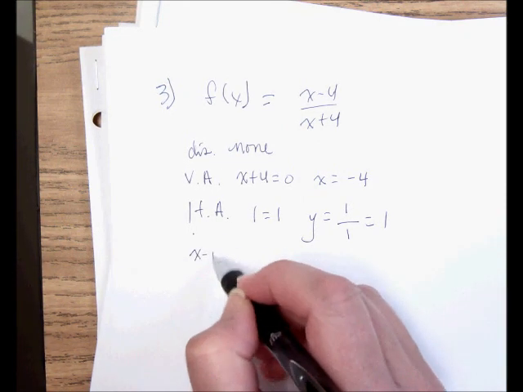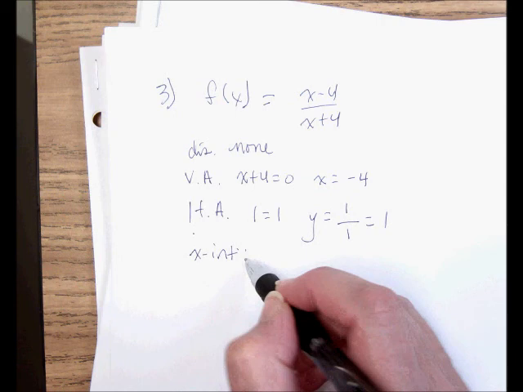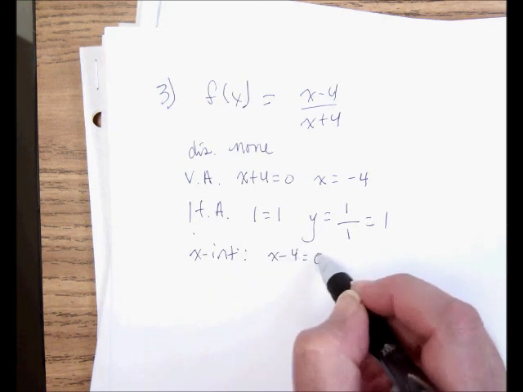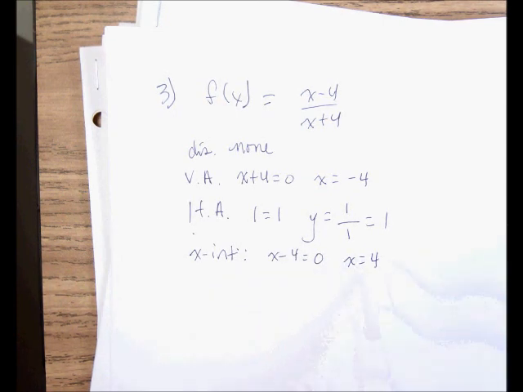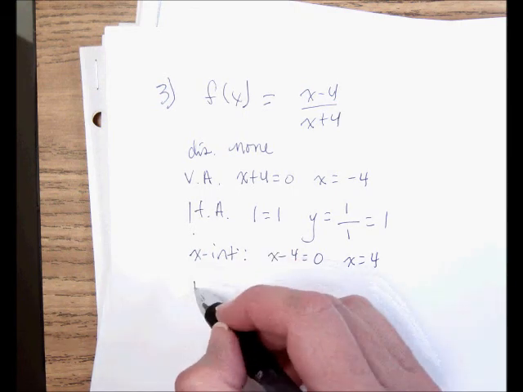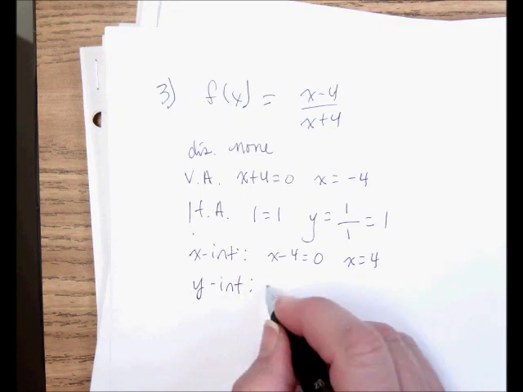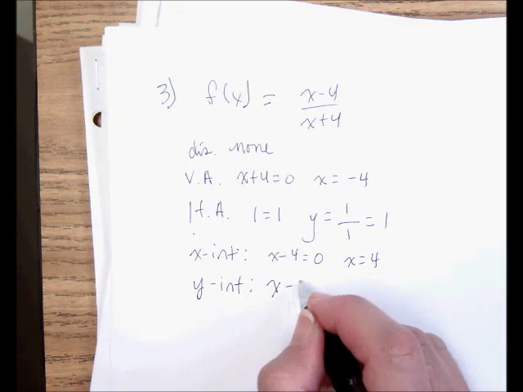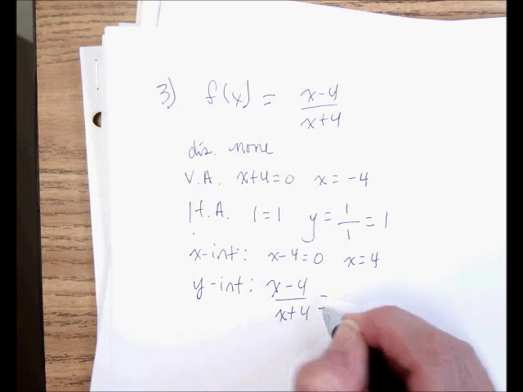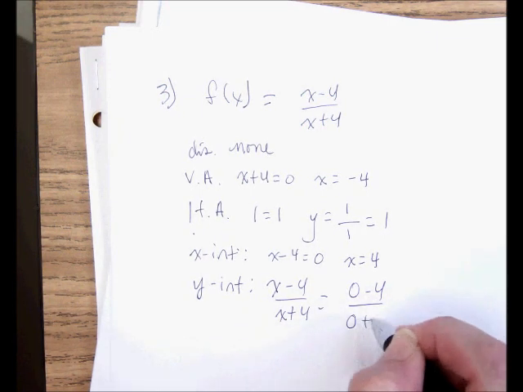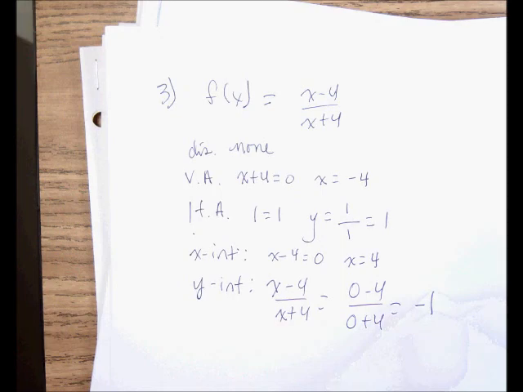Next are my x-intercepts, and here I set my numerator equal to 0 and solve. So I have an x-intercept at x equal to 4. And then for my y-intercept, I plug in 0 into x minus 4 over x plus 4, which is 0 minus 4 over 0 plus 4, and that gives you negative 1.